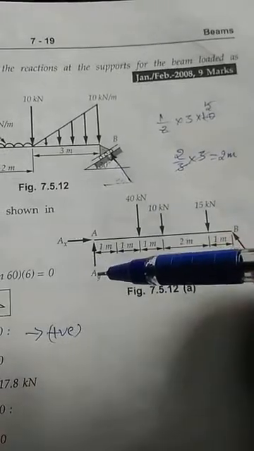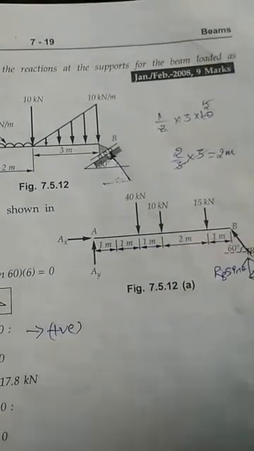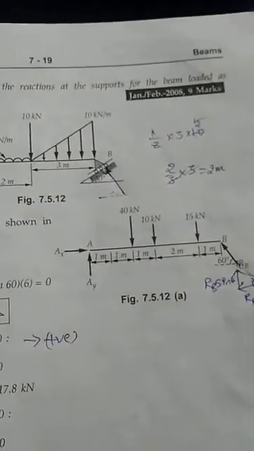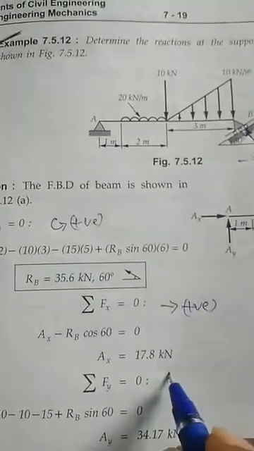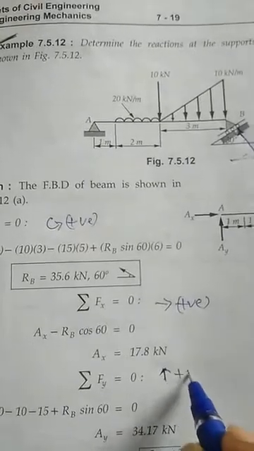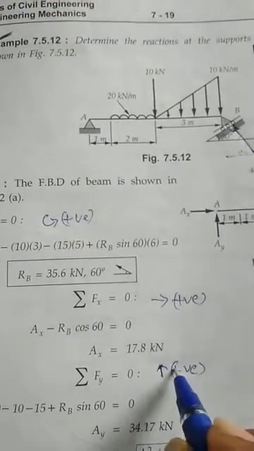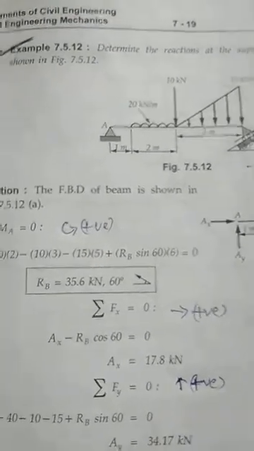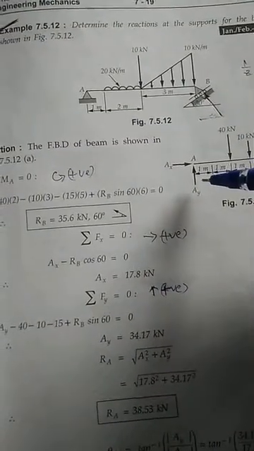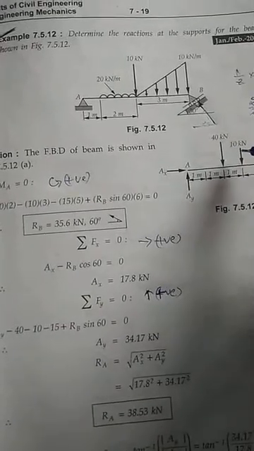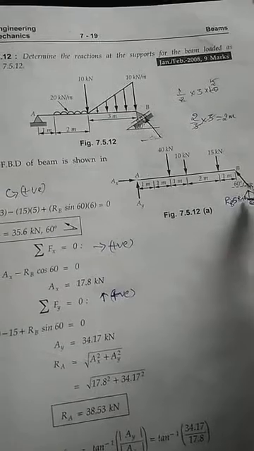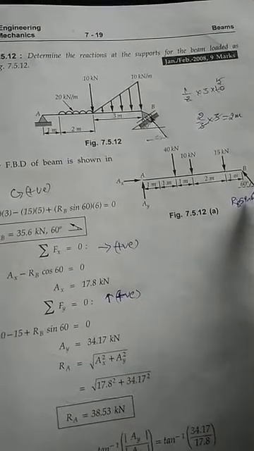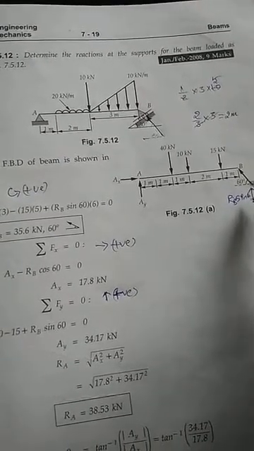Now we have determined the values of Ax and RB. The only unknown is Ay, the vertical force. So you take the summation of vertical forces equal to 0, with the upward direction as positive. You can see here Ay upward, minus 40, minus 10, minus 15, and RB is moving upward, so positive, plus RB sine 60.